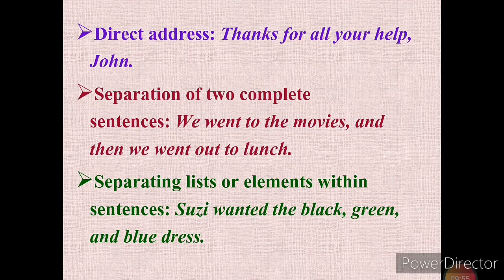Separating a list of elements within the sentence: Susie wanted the black, green and blue dress. So how did we separate here? Black, comma, green, comma and blue dress. At the end we used a full stop.